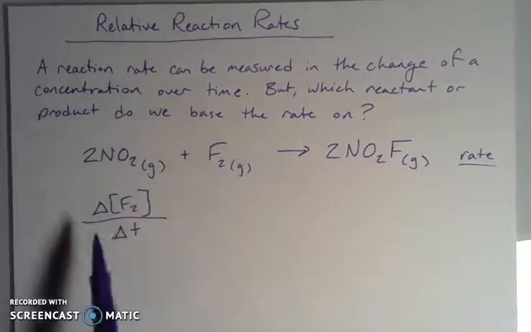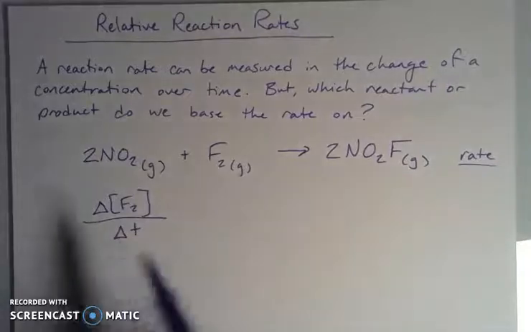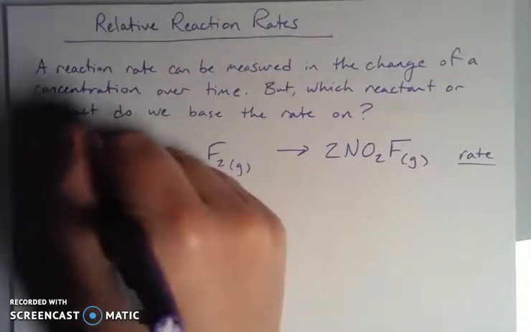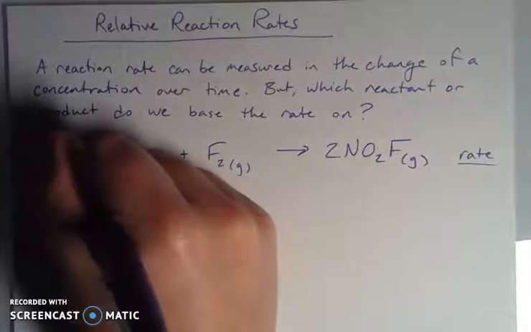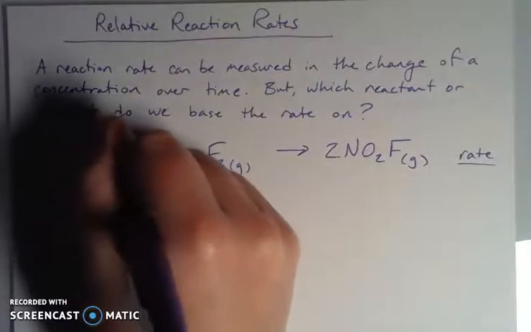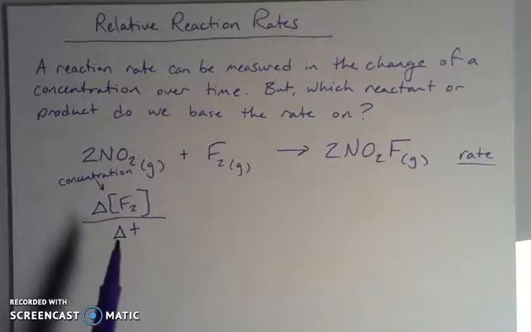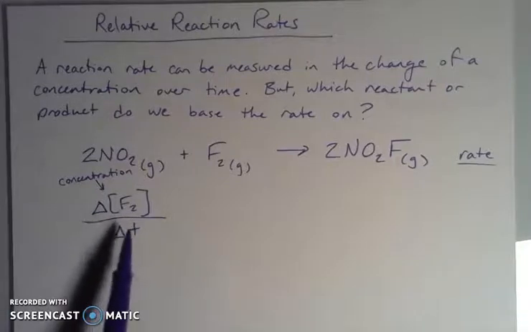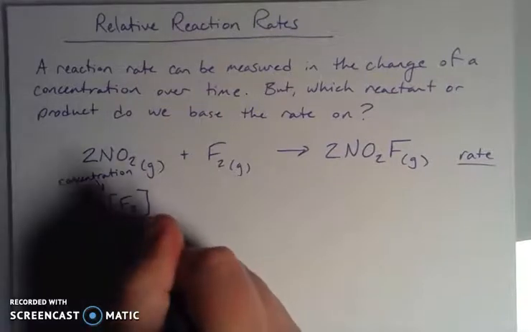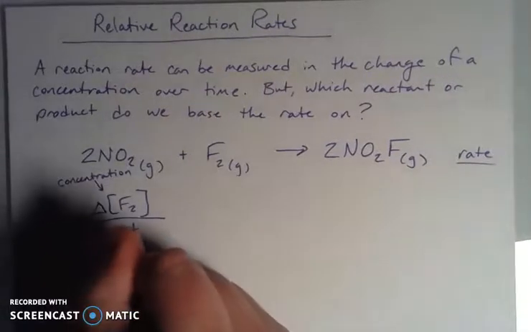I have my deltas there that indicate a change, and these brackets indicate concentration. Concentration has a number of different units, but we usually think about concentration's SI unit as molarity. So this could be a change in molarity over a change in time, and usually for time, our SI unit is seconds.